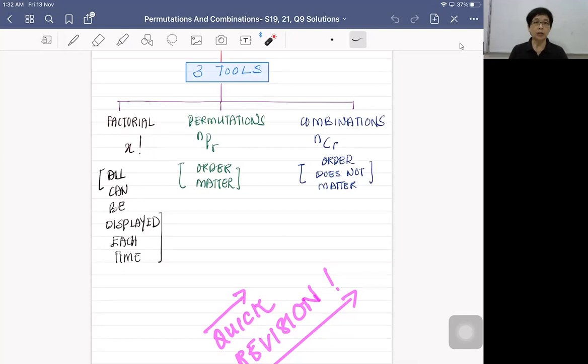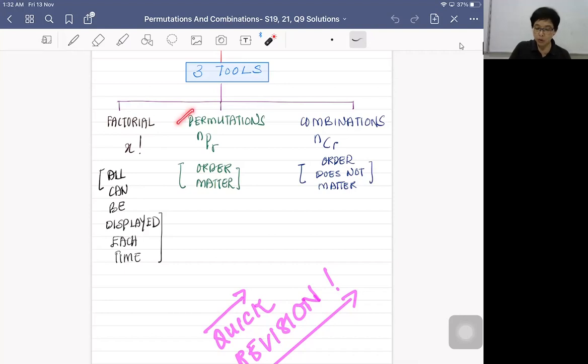In that condition, you will go for 8 factorial. That's what we say x factorial, because x represents the number of choices that you have, and you have no restriction. Whatever the x number, you can display all x at one time.